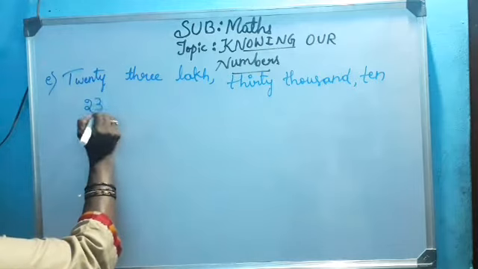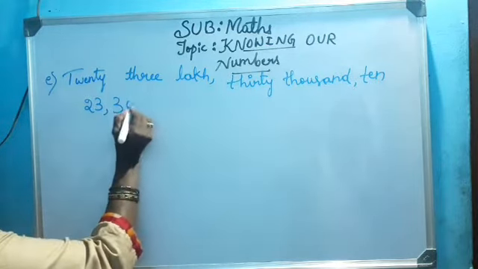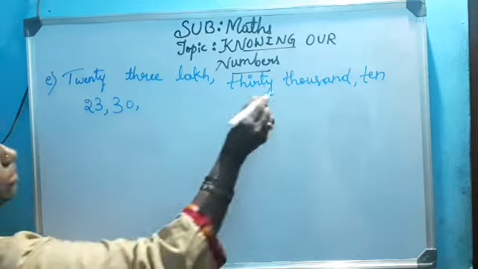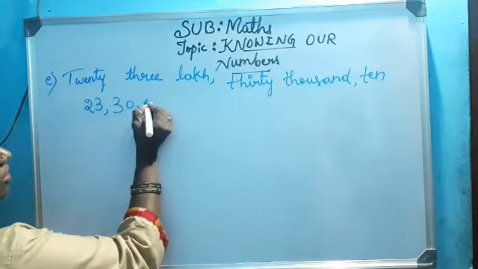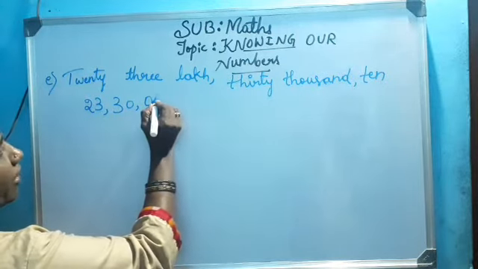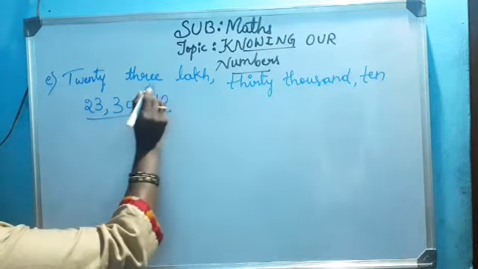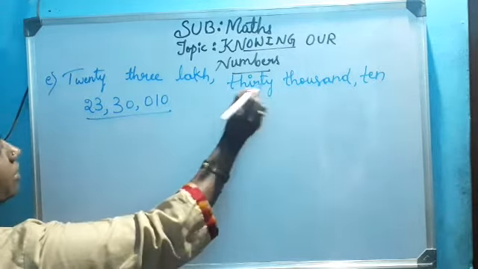Write it, 23 lakh, after comma 30,000, after comma, then 10. 10 means there is no number in the 100 place, so you put the 0 in the 100 place. Again 10. 23 lakh 30,000 10.